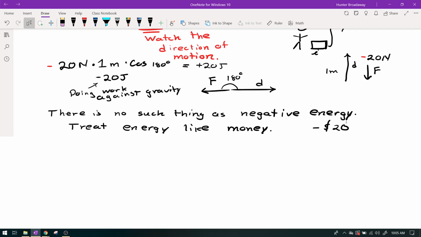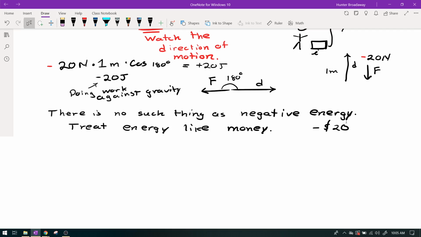So in terms of energy, whenever we see minus 20 and positive 20 joules, this doesn't mean that we have negative energy. This means that we either spent that energy or we have saved it or stored it or loaned it in one direction or another direction.